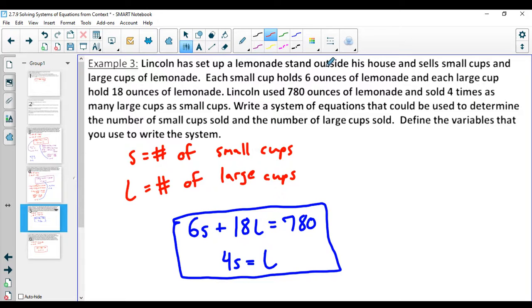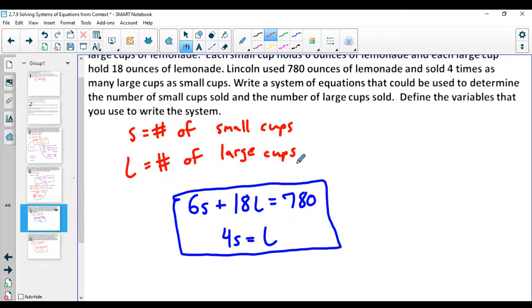Now this other one: sold 4 times as many large cups as small cups. So again, this is the one that feels a little backwards because we do the 4 times the S, right? But if you read it out loud, it kind of makes sense. The large cups, you sold as many or equals 4 times the amount of small cups, right?